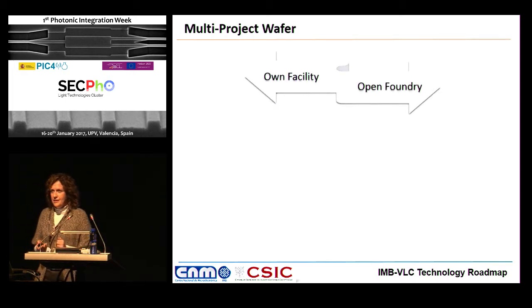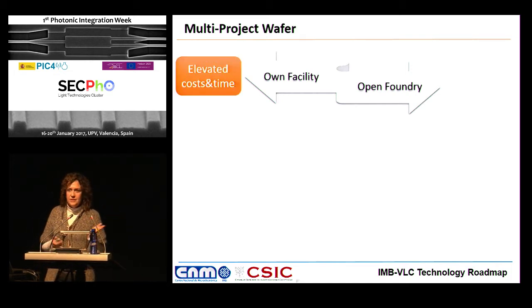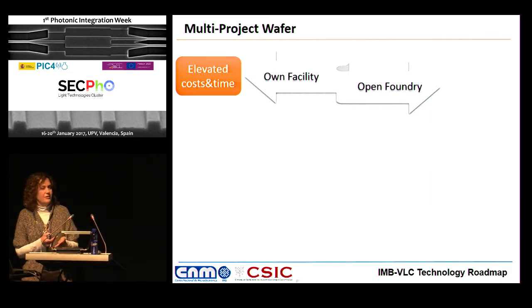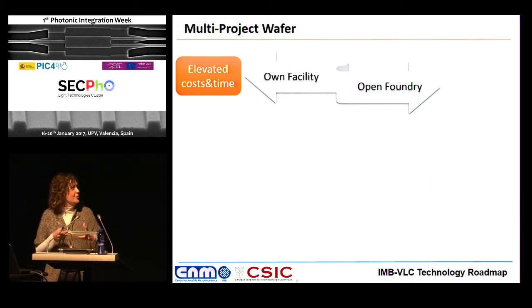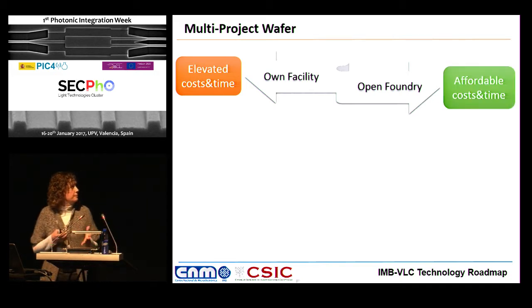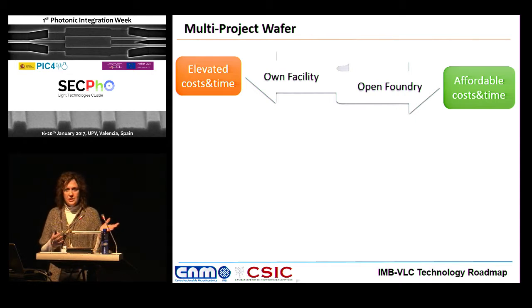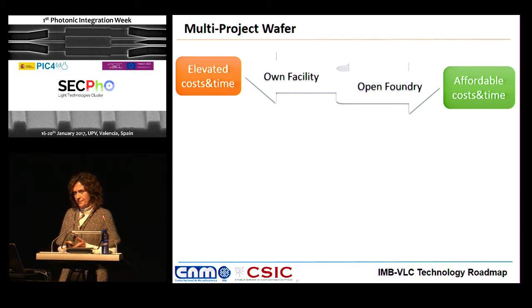You can make your own facility, so make a clean room and contract or train experts, or you can use an open foundry, where you have experts who can make the photonic circuit for you. Making your own facility is very expensive, because you have to build the clean room, hire the experts, and so on. If you use an open foundry, you just have to pay for the fabrication or the engineers. So the cost and time consumption is affordable.